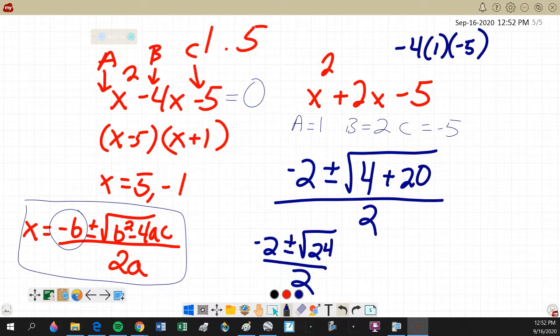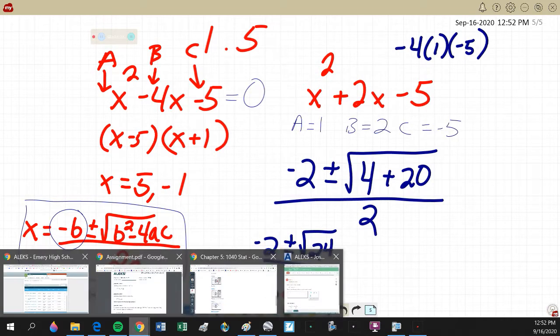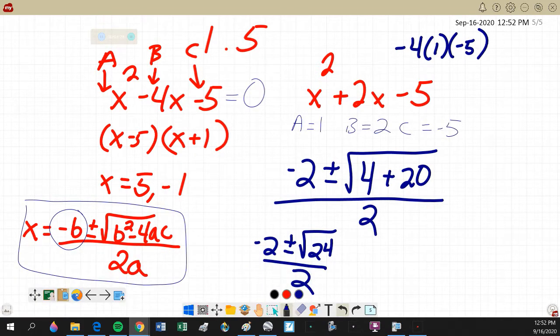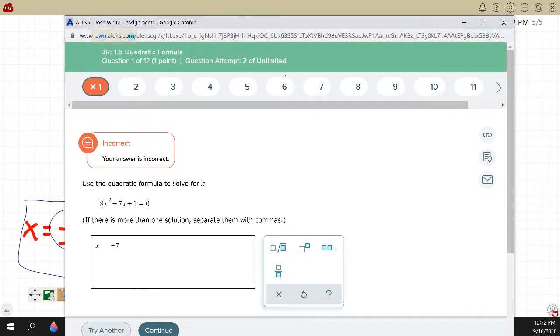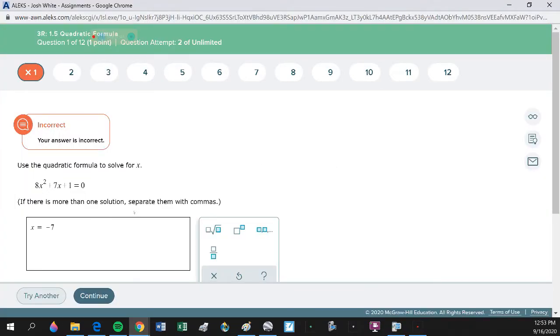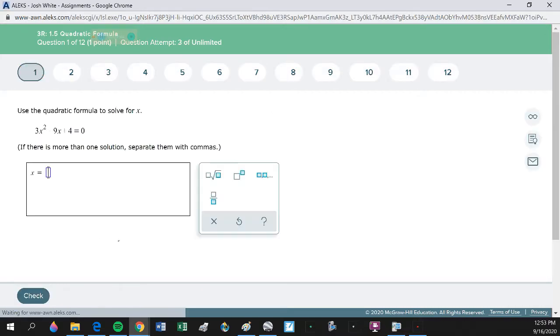Let me show you. Oh, looks like I gotta drag it over. Okay. So this is not the right equation, but let me show you how you would type that in. We need a fraction and we need a square root.